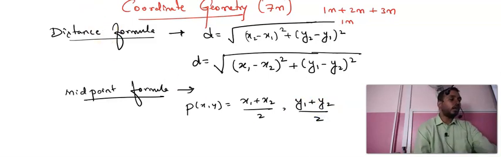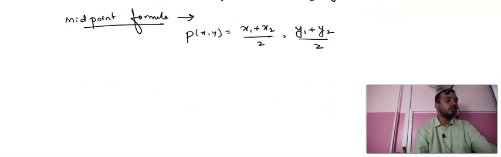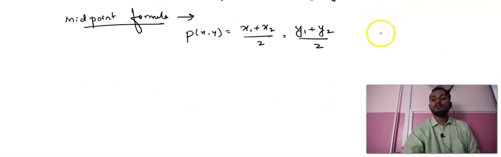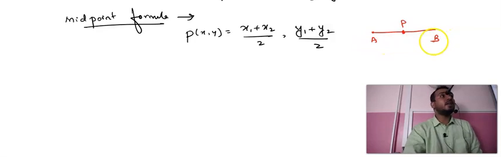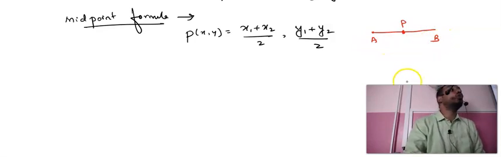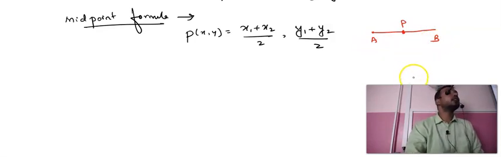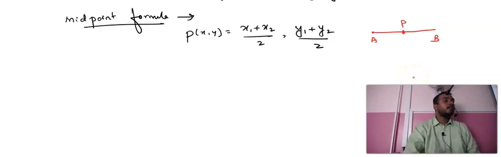Midpoint formula is when, for a line AB, P is the point which divides the line AB in the same ratio.